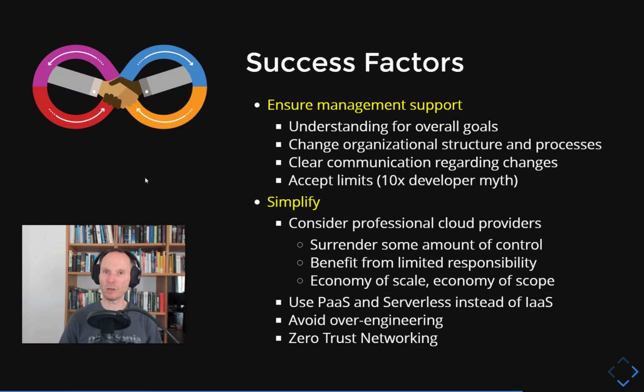Avoiding over-engineering by, for instance, embracing zero trust networking and avoiding overcomplicated network structures which made sense in a world of perimeter security, but which we don't need anymore in a public cloud world. Those simplifications can help a lot to become successful when going the cloud native way and still trying to be secure and successful in traditional organizations.